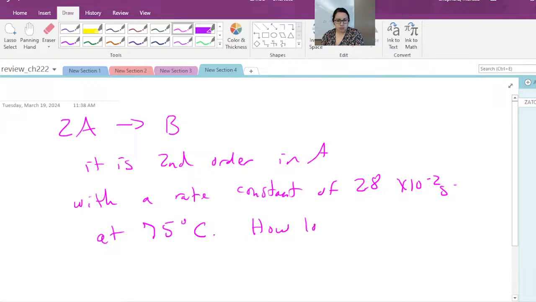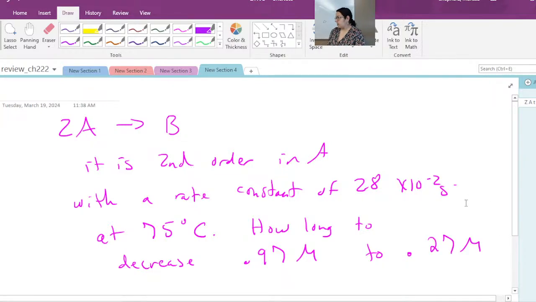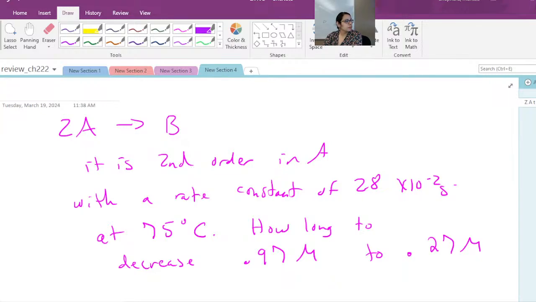So how long to decrease the concentration from 0.97 molarity to a final concentration of 0.27 molarity? Yeah, and then this is per second.